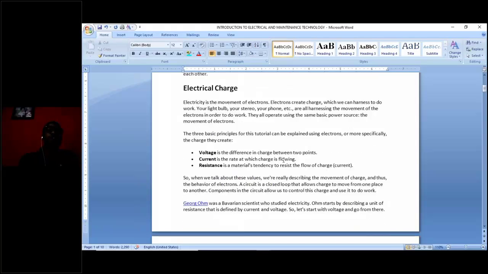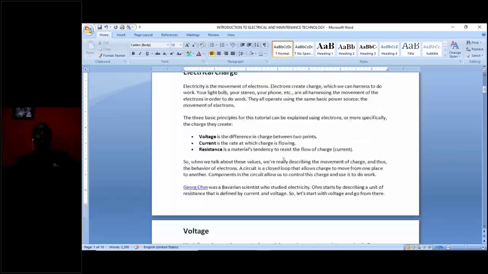So the three principles for this tutorial can be explained using electrons, or more specifically, the charge that they create. Your voltage, or your potential difference, is the difference in charge between 2 points.